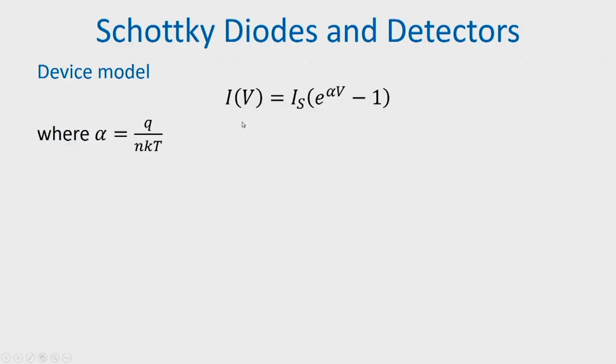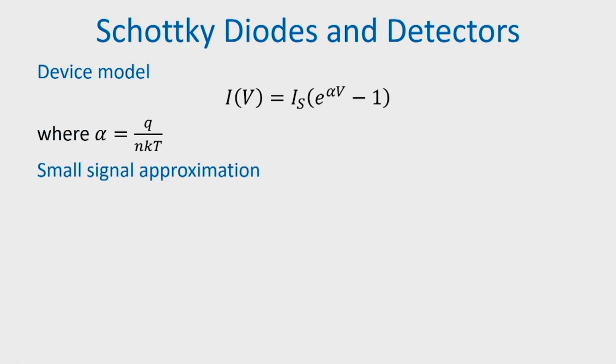So, the device is modeled same as a conventional diode, and we can see that when V is a large reverse voltage, that means e to the power minus alpha v is very small, then we will have I equal to minus Is, the reverse saturation current.